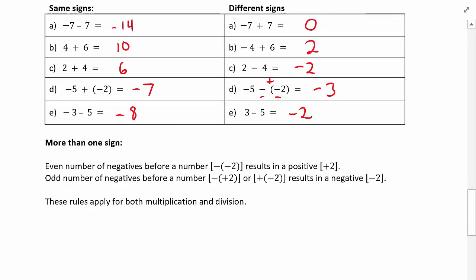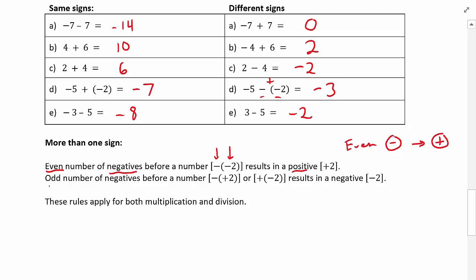If there's more than one sign, in this case we have 2 negatives. If there's an even number of negatives before the number, your result is going to be a positive. So even negatives turn into a positive. 2 negatives make a positive. 4 negatives make a positive. 6 negatives make a positive. All it has to be is an even number of negative signs.